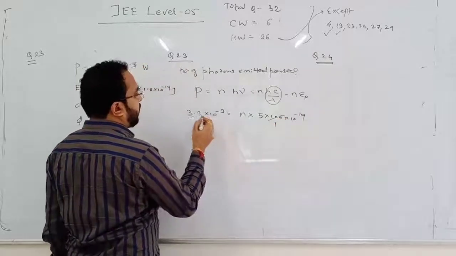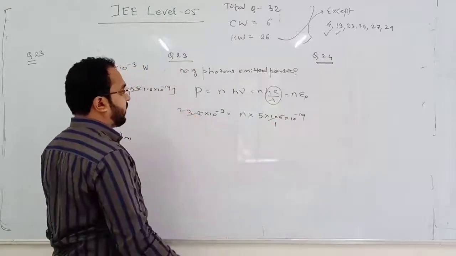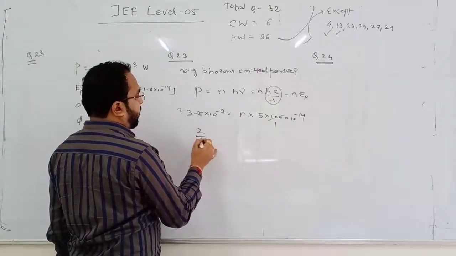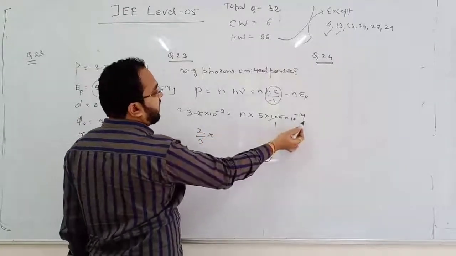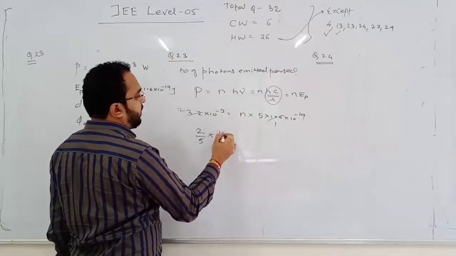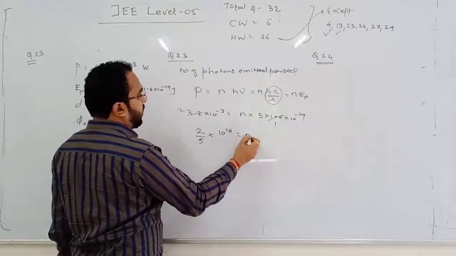The 1.6 ones are 1.6, twos are 2 upon 5. Minus 19 becomes plus 19, and with 10 raised to power minus 3, it will be 10 raised to power 16 is equal to n.